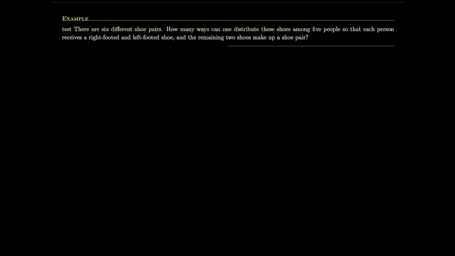Okay? So there are 6 different shoe pairs. How many ways can one distribute these shoes among 5 people so that each person receives a right-footed and a left-footed shoe? So Grammarly actually destroyed my sentence. Anyway, there are 6 different shoe pairs.